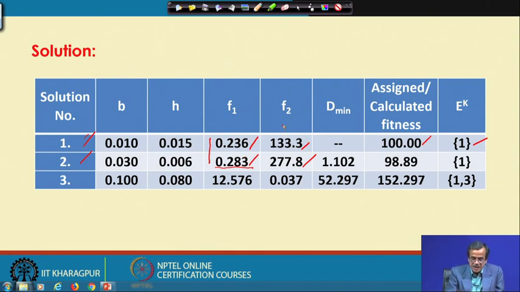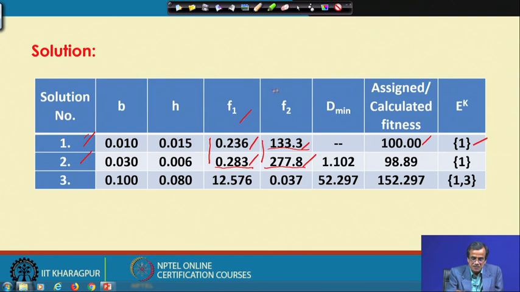Similarly, if I compare the F2 values of the first and second solutions, the second solution is found to be worse in terms of F2 as well. That means, 277.8 is higher compared to 133.3.